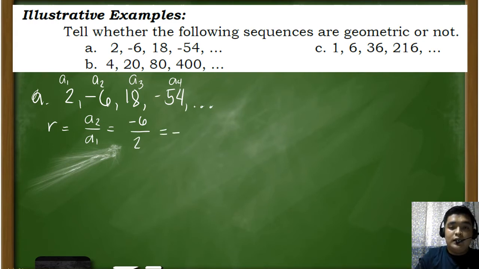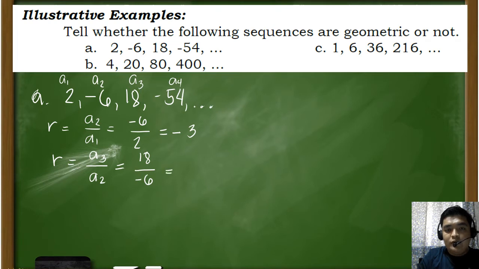That is -3. How about the next r? r is a sub 3, and the preceding is a sub 2. That is 18 over -6. What is it? Of course, that is -3. Then another r. That is a sub 4 divided by 18. So, what is it?